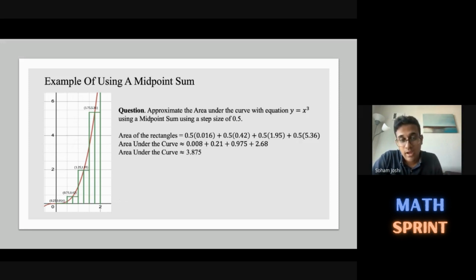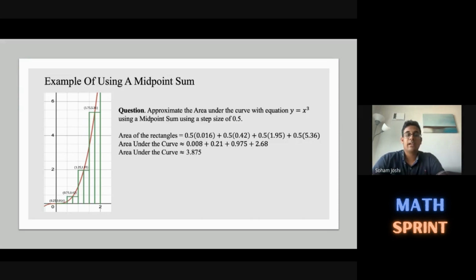We have 0.5, 1, 1.5, and 2. So now we've got to get the midpoint values between them. The midpoint of 0 and 0.5 is 0.25. The midpoint of 0.5 and 1 is 0.75. This is also an average if you think about it. The midpoint of 1 and 1.5 is 1.25. The midpoint of 1.5 and 2 is 1.75.